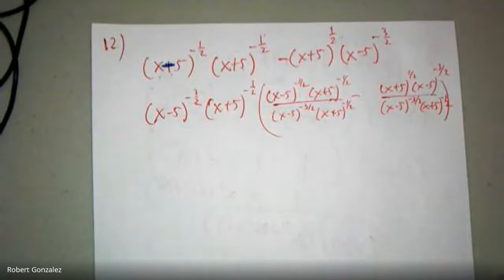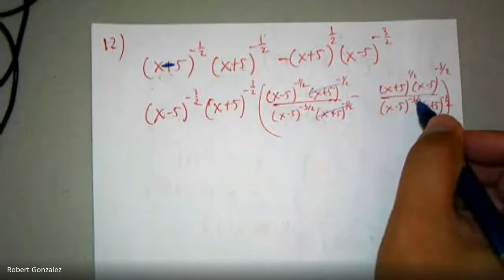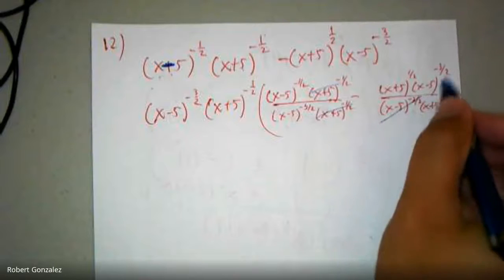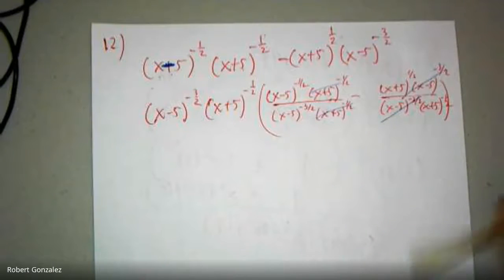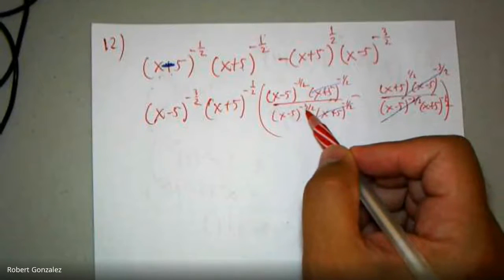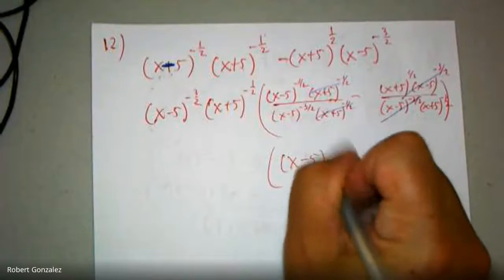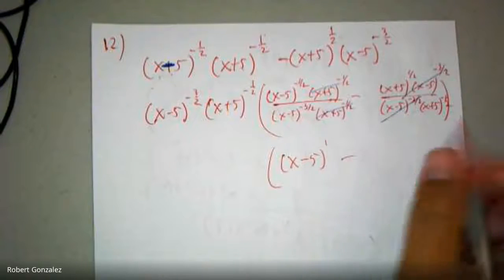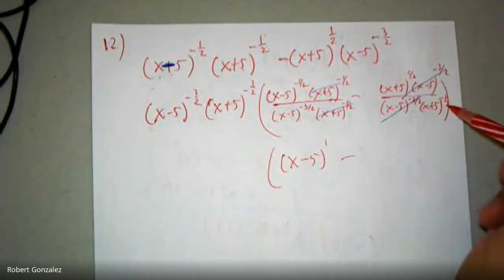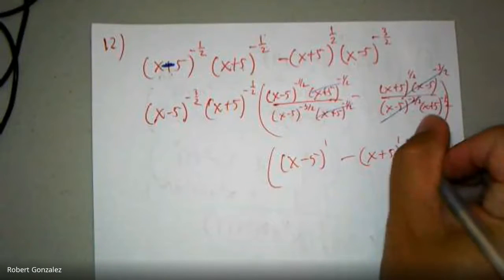Let's start dividing. These cancel, and these cancel. So what's left here? I'm going to subtract negative 1/2 minus 3/2. That gives me 1. Over here, I've got 1/2, take away negative 1/2. That's going to give me 1.